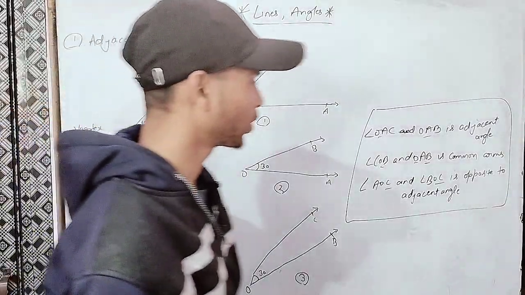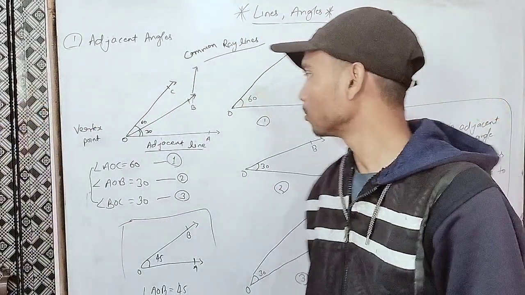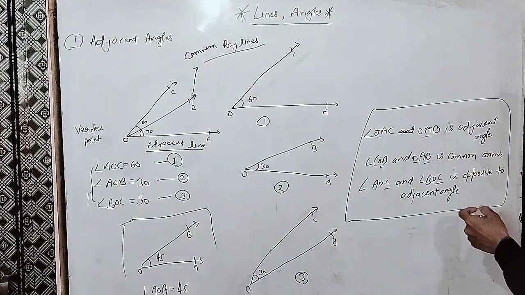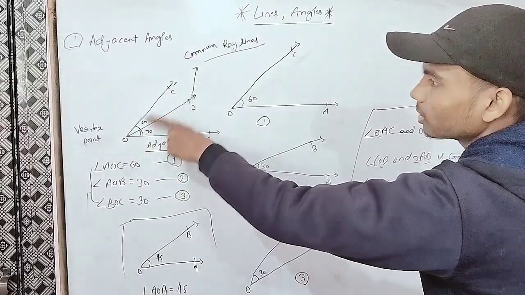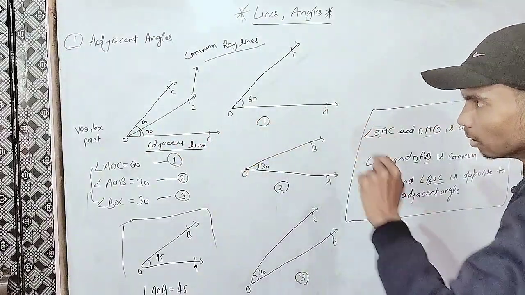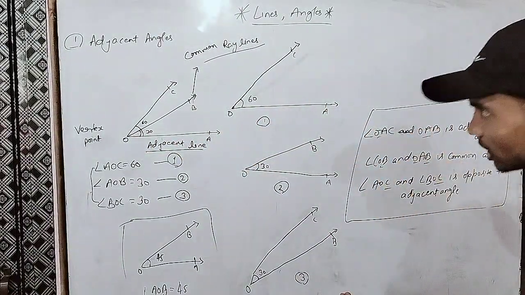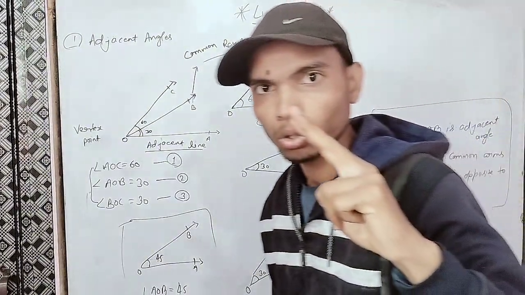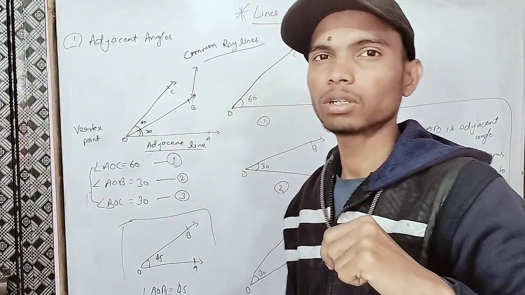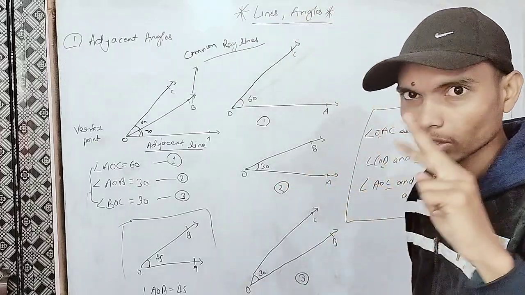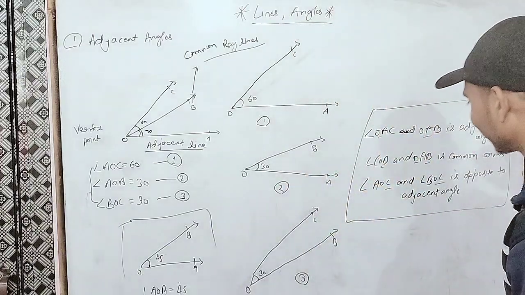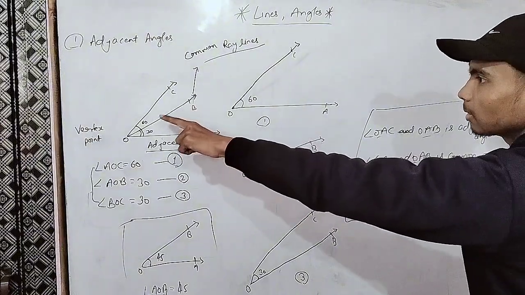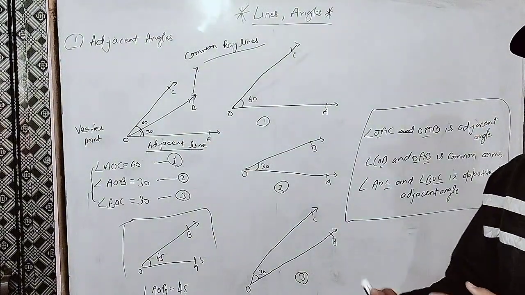Now we are moving on to our questions. But before that, as I was telling you, the OC line has how many lines? Two lines. Yes, OC. So it would be named a non-common arm.